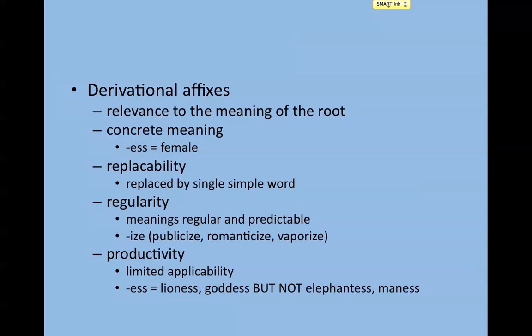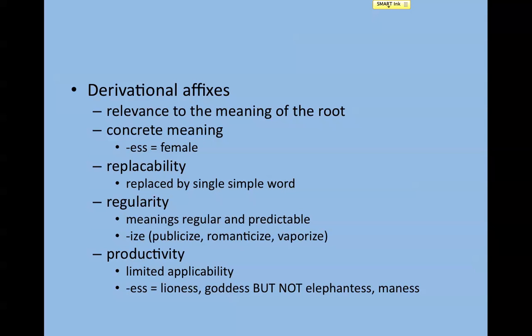But if I attach it to something, you could predict the meaning. So if I say, for example, prince, and then princess, the -ess is making the prince feminine, a female. Or a lion and a lioness, right?